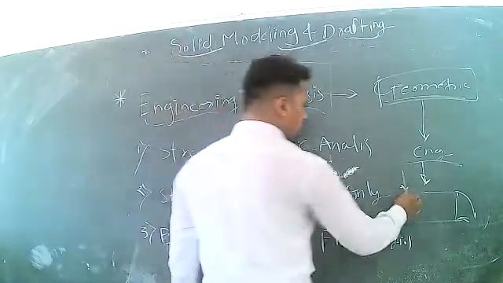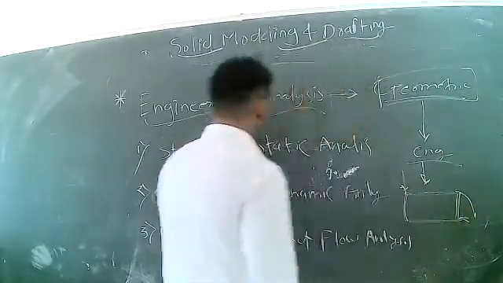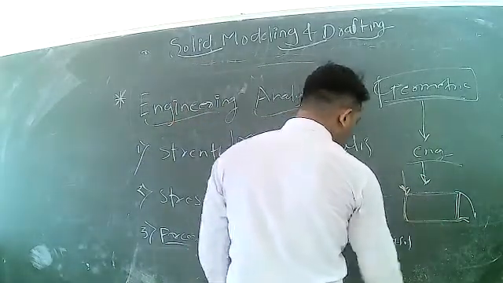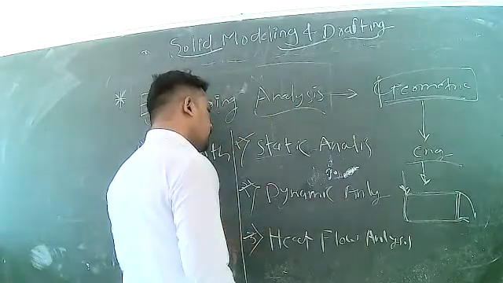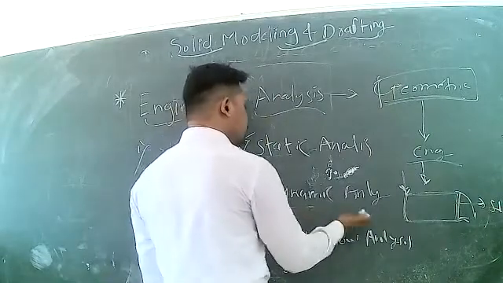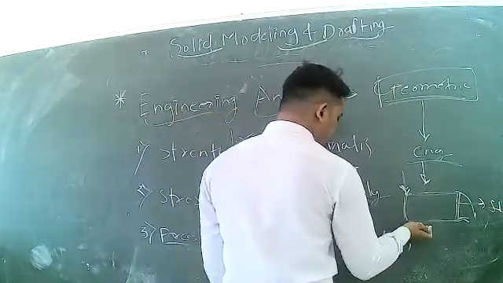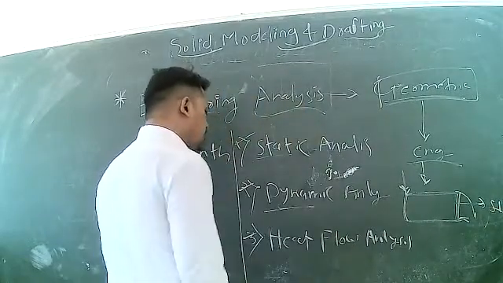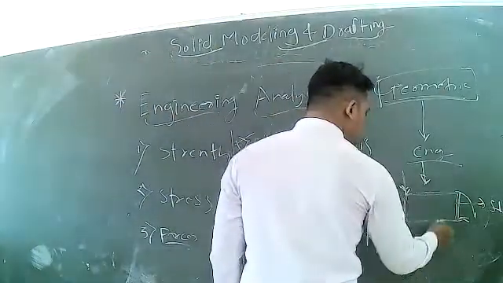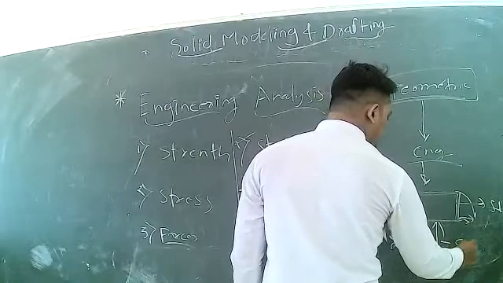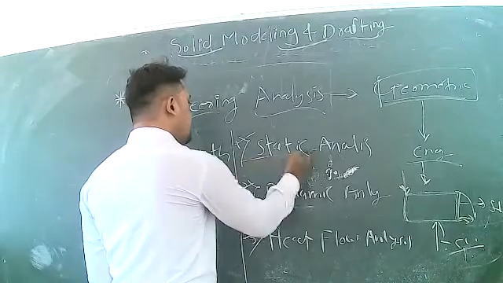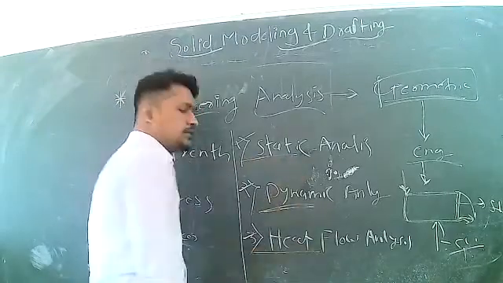First of all, if you select this type of geometry, we have to apply the static analysis. What is the static analysis? When the part is in a rest position, what are the various forces acting on it? You have to calculate that. Next, dynamic analysis. When this part is in moving condition, what are the various forces acting on it? We calculate that. After that, the heat flow analysis. In heat flow analysis, after heating the part, what are the changes that occur in the part? We calculate that. So these are all the three analyses, that is static analysis, dynamic analysis, and heat flow analysis.